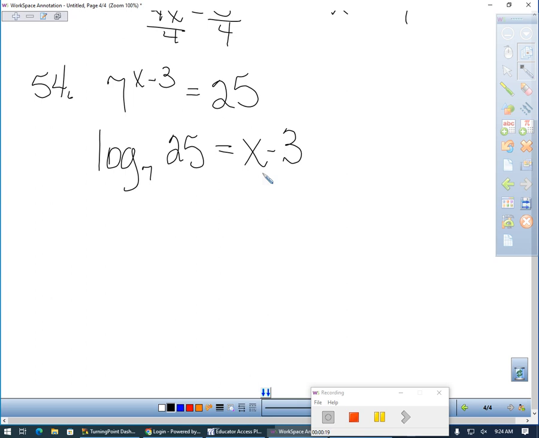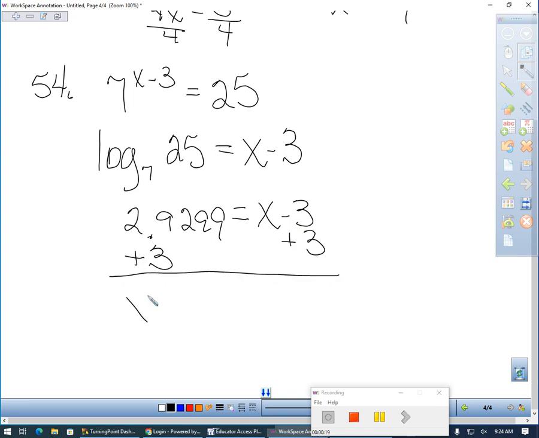So then we put it in our calculator. On this side, we get 2.9299 equals x minus 3. And of course, then we're going to add 3 to both sides. So we get x equals 5.9299.